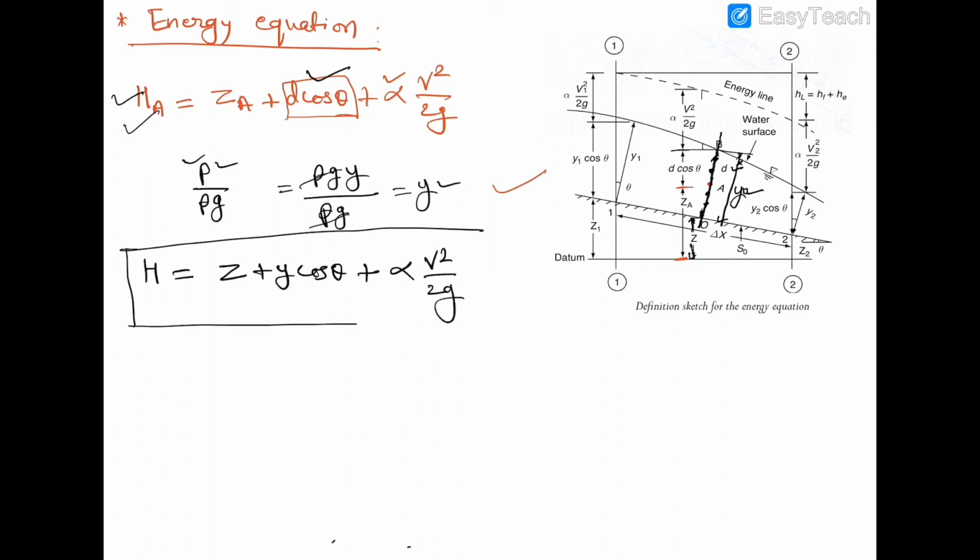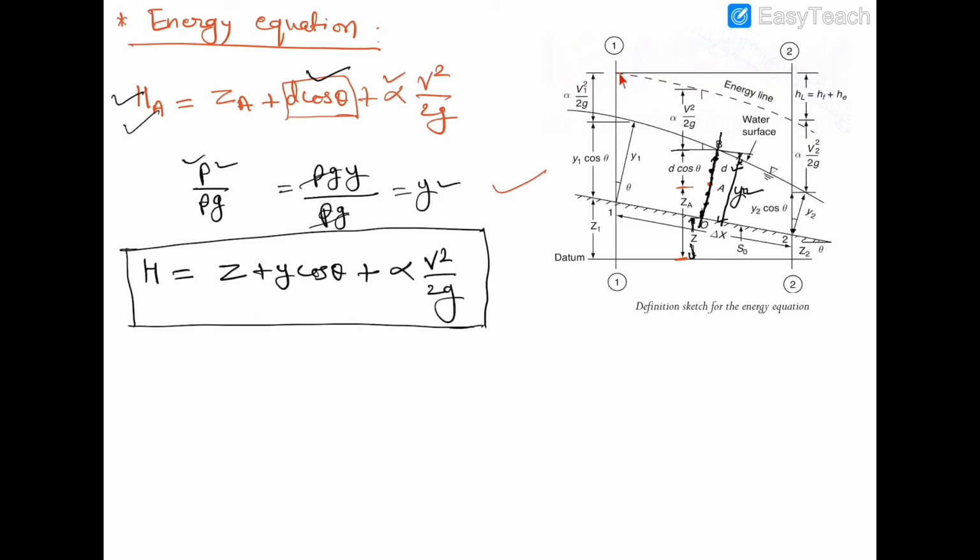This is the energy equation which is applicable at any section of the open channel. Clear? In the figure, this is the total energy line.